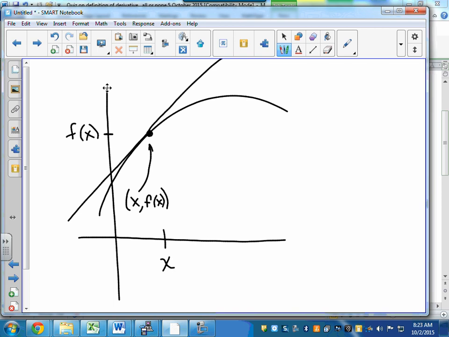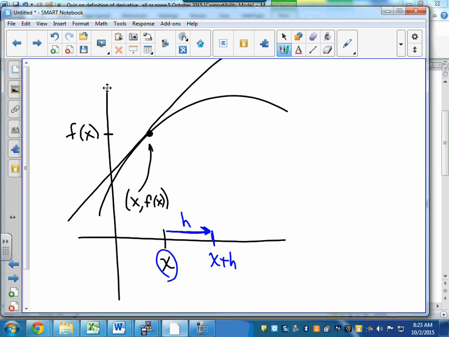Now we need to have another point nearby. So we're going to go a horizontal distance. I'm going to call it h in this case. You can also call it delta x, but I'm going to call it h for the horizontal increment. If this is x and this horizontal increment is h, this has got to be x plus h.